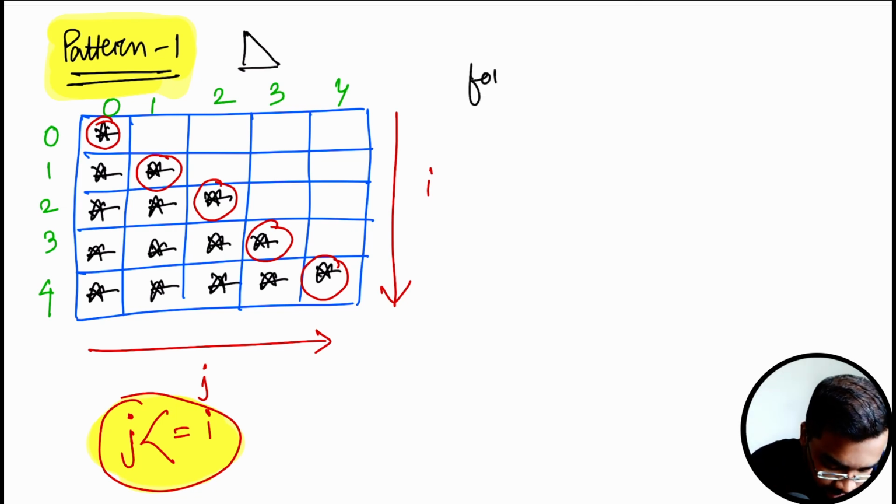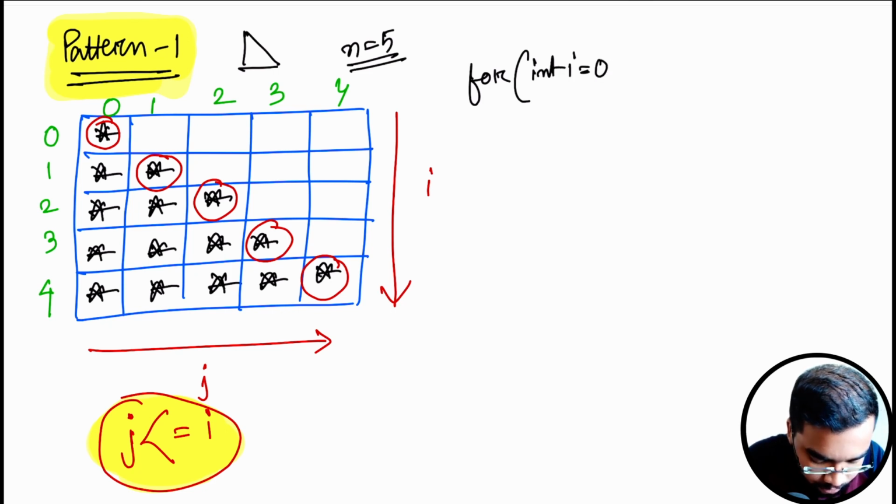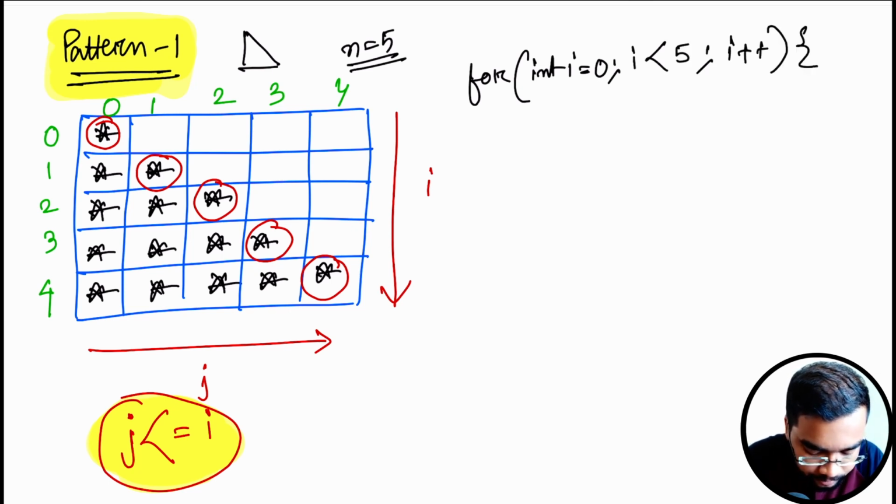First of all, we are going to take a for loop. So here we are considering n equal to 5. Okay, n is a generalized version. If you put n equal to 13, then the code will be running accordingly and the output will be showing up accordingly. Okay, so for integer i equal to 0, i less than 5, I'm taking 5 for now, i plus plus.